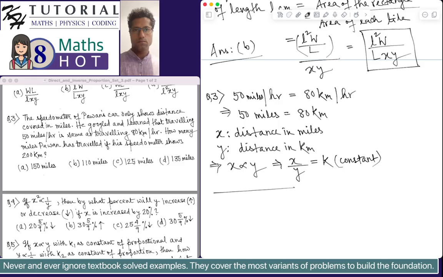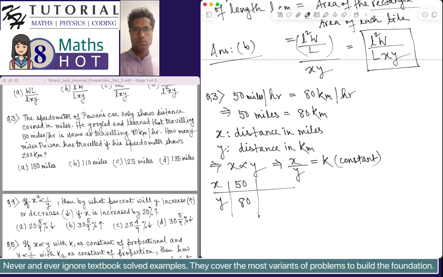Now if we create a table of x and y, we know one fact: when the distance in miles is 50, the value of that same distance in kilometer is 80. The question is asking how many miles Pawan has traveled if his speedometer shows 200 kilometer, which means we have to find the equivalent of 200 kilometer in miles.